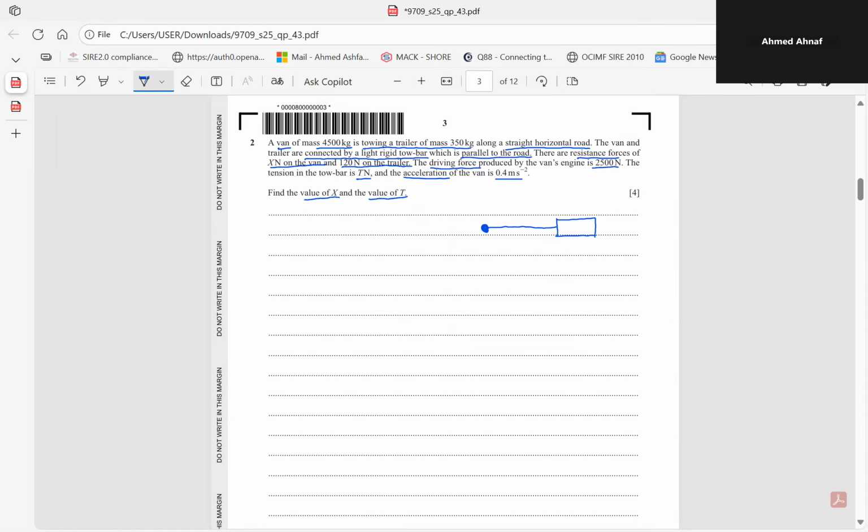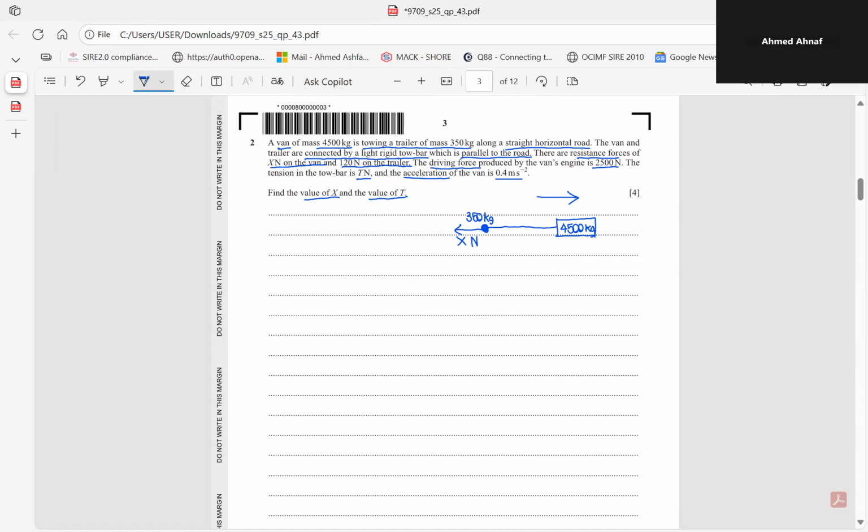So the van is 4,500 kg and the trailer is 350 kg. Then the resistance force of X newtons on the van. So let's say they're moving in this direction, so the resistance force would be here. So this is X newtons.